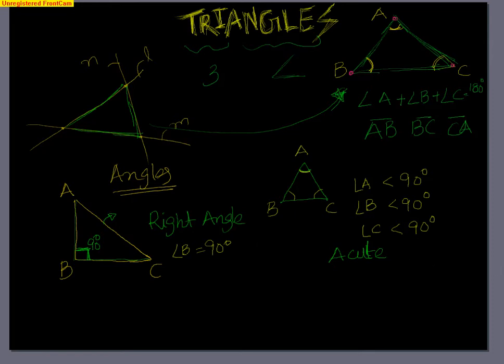Now there is acute, we know there is also obtuse angle. So how to do that? Let us see how to draw the obtuse triangle. Suppose you have one side making an angle more than 90 degrees, then that triangle is known as obtuse triangle.